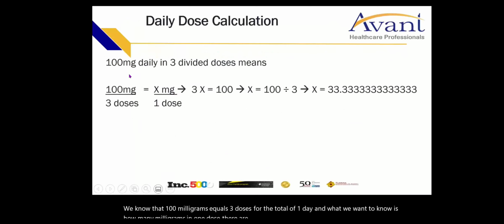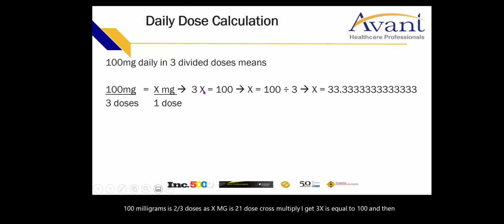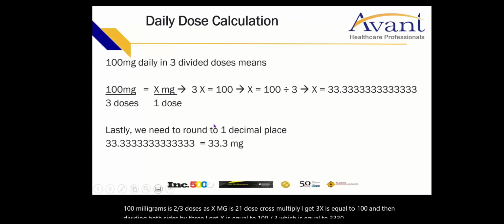Therefore, 100 milligrams is to 3 doses as X milligrams is to 1 dose. Cross multiply, I get 3X is equal to 100, and then dividing both sides by 3, I get X is equal to 100 divided by 3, which is equal to 33.33 repeating, and so rounding to 1 decimal place, I get 33.3.